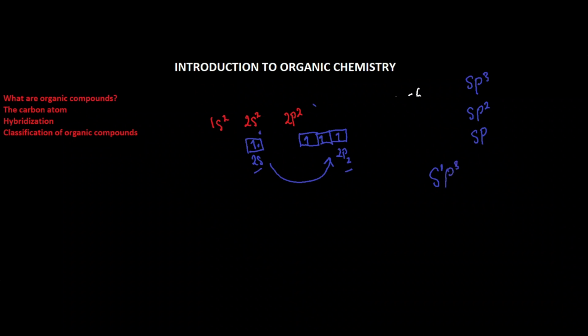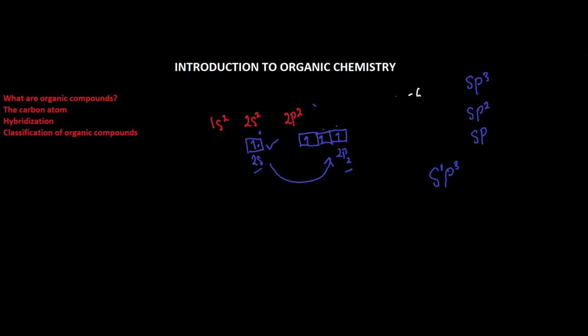What this simply means is that one s orbital combines with 3 subshells of the p orbital. The s orbital has only one subshell, so 1s combines with 3p, so it combines with 1, 2, 3.